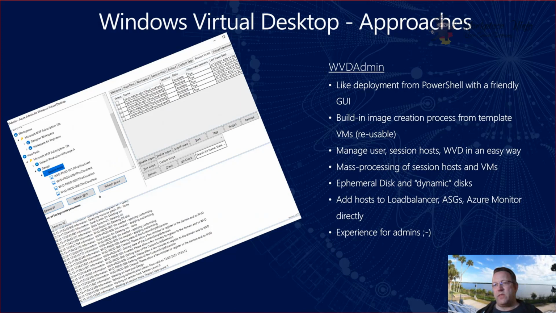That was one focus, and the other focus, which I'm using in nearly every POC I'm working on, is to build images from a Golden Master and then deploy those images in an easy way as session hosts, without the limitation that you cannot change the VM size afterwards. And that is what I want to show you today: the solution WVDAdmin, how to work with WVD, and how to deploy session hosts.